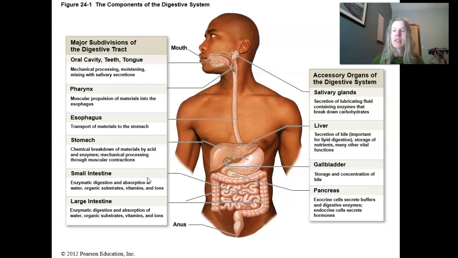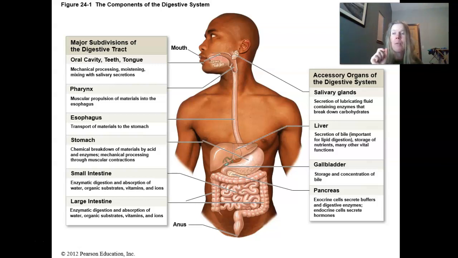And the small intestine really comes in three parts: the duodenum, the jejunum, and the ileum. Maybe you can come up with a fun mnemonic to remember the order that those go in. Then through the large intestine, and that's where we're going to exit. So that is the GI tract.